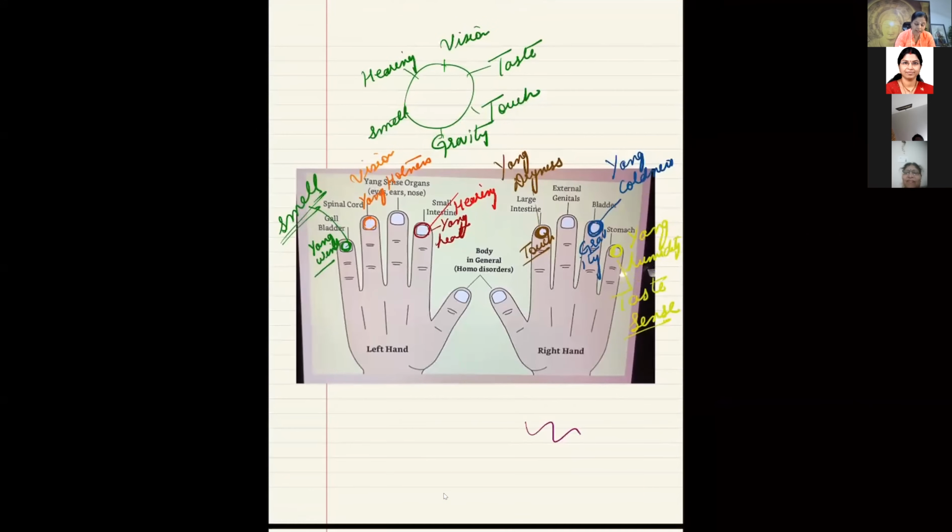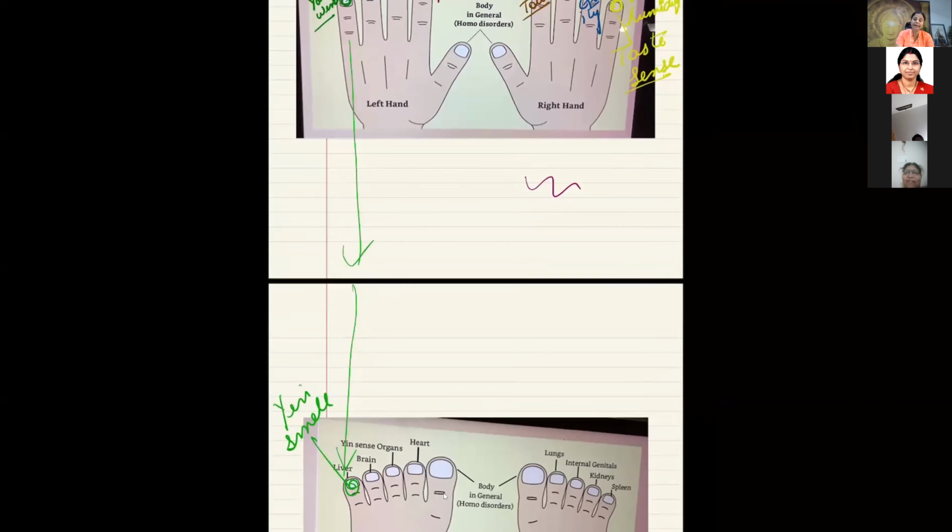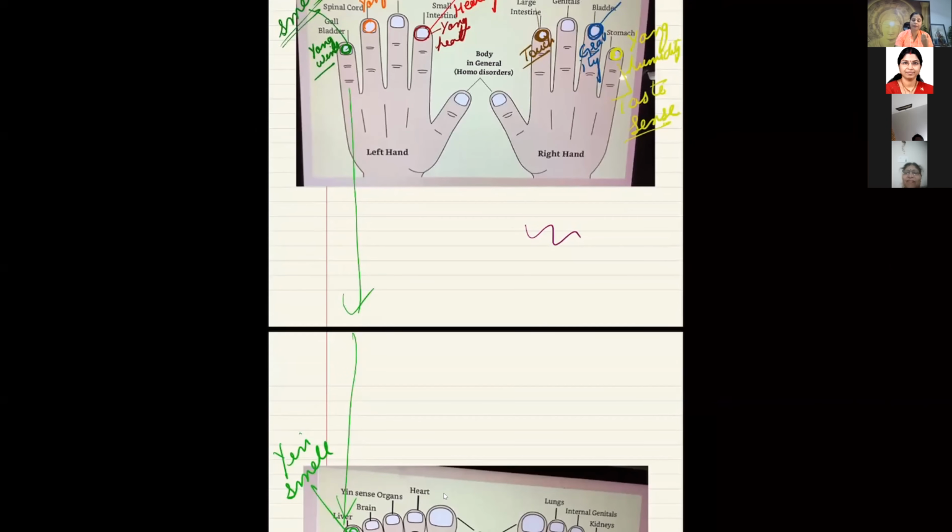Yes, so keep this in your mind: the little finger of the left hand and the little toe of the left foot have the same sense organ, that is smell sense.